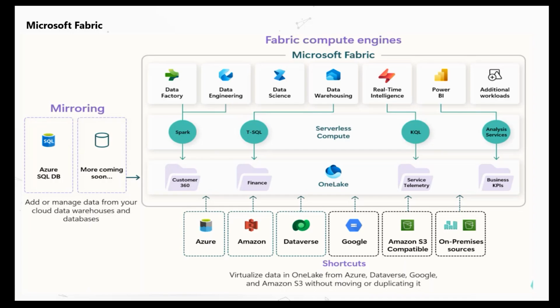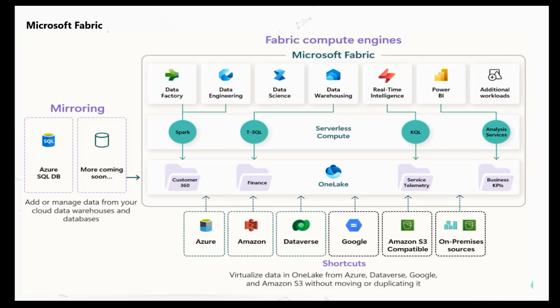If you want to build a data warehouse using scenarios like slowly changing dimension type 2 and so on, we can make use of data warehouse capabilities within Microsoft Fabric. For real-time intelligence, if there is streaming data you want to take and import, we can do the ingestion using KQL languages and so on. Power BI is already an inbuilt business intelligence tool where we can share data analysis in pictorial representations with the customer.